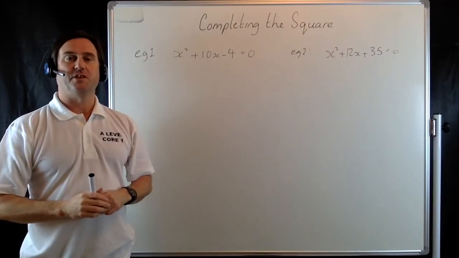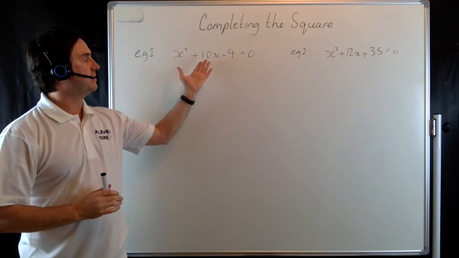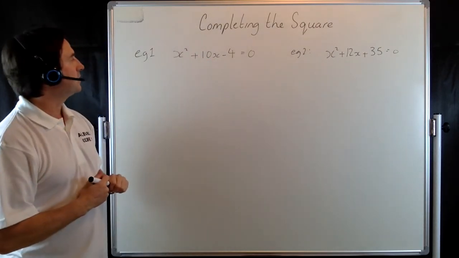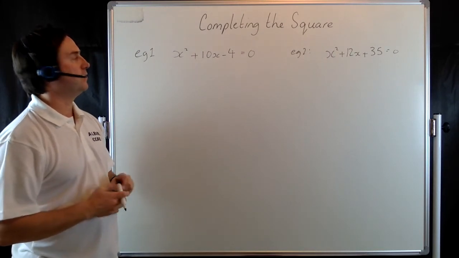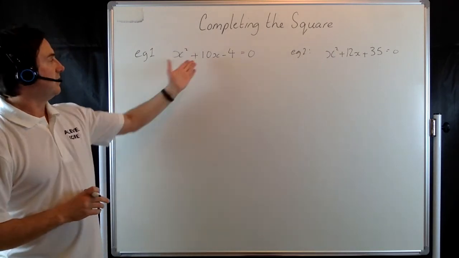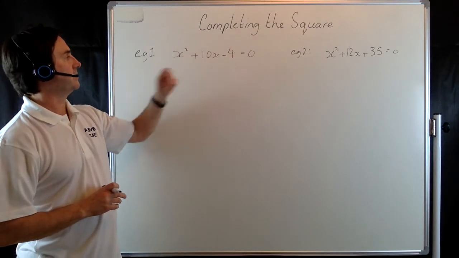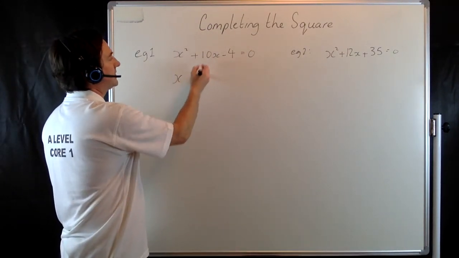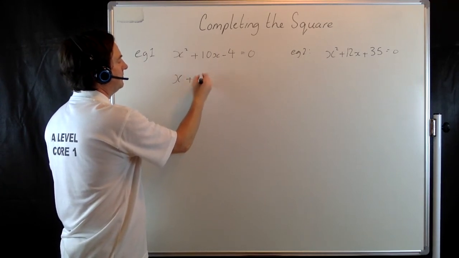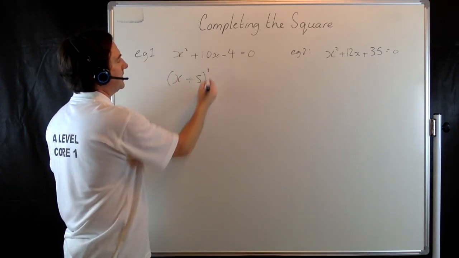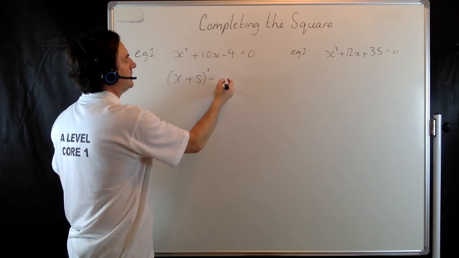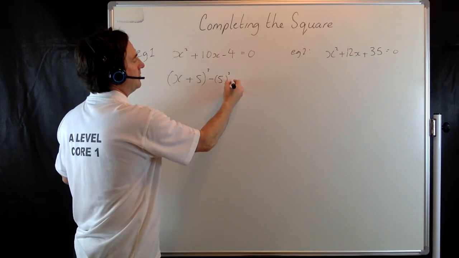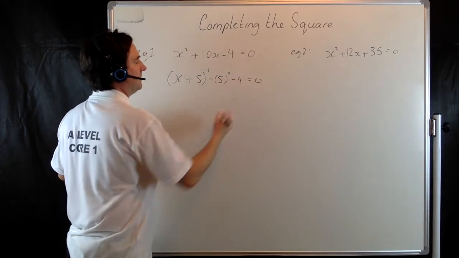I'm just going to finish off here by showing you how to complete the square to solve some quadratic equations. First one, we've got x squared plus 10x minus 4 equals 0. So I'm going to complete the square on the x squared plus 10x, which gives me (x plus 5) squared, half of 10 is 5. Take away half of 10 squared, so take away 5 squared, minus 4 equals 0.